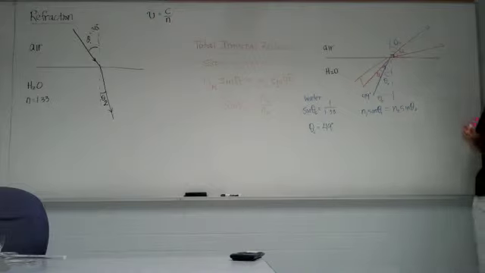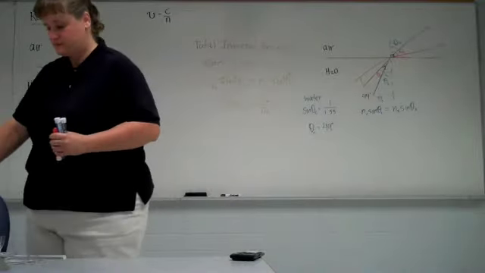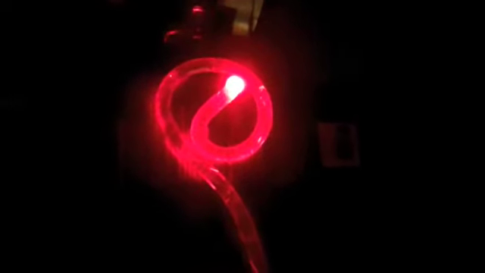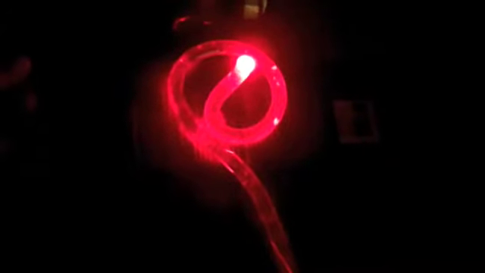Now, total internal reflection, I have an example you can see. You can see the light bending off the sides and bouncing around. The reason it doesn't come out the end, why it's so spread out and not the fine laser dot like it was when it left the laser, is just because of the impurities within the plastic. This isn't by any means nicely made.